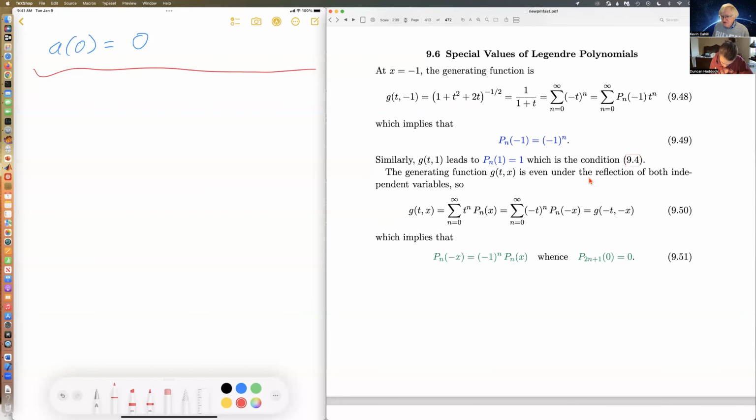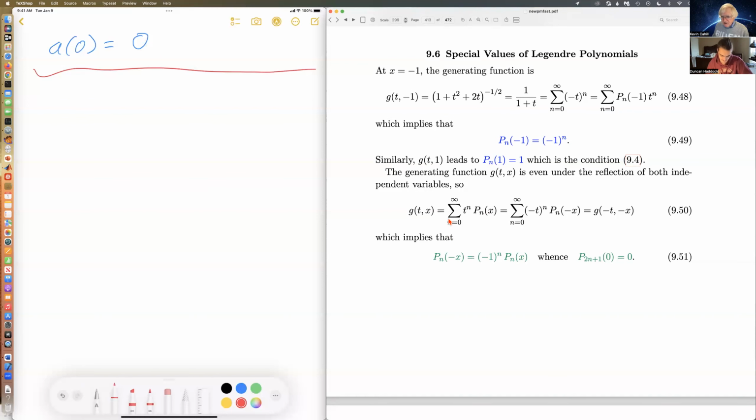The generating function is even under the reflection of both variables, and that's because you have a t squared and a tx. So if you set x equal to minus x, t equal to minus t, g of t and x doesn't change.